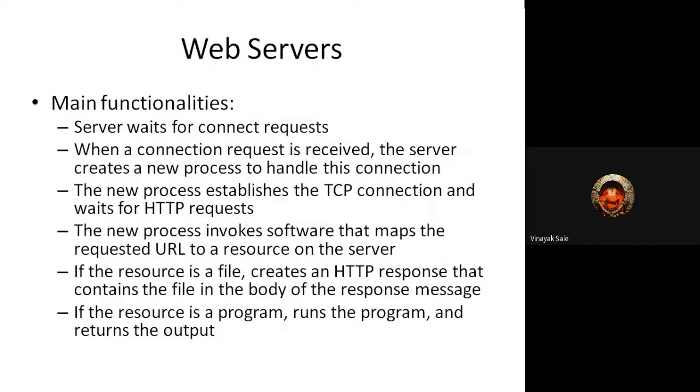The new process establishes the TCP connection and waits for HTTP requests. The new process invokes the software that maps the requested URL to a resource on the server. If the resource is a file, it creates an HTTP response that contains the file.